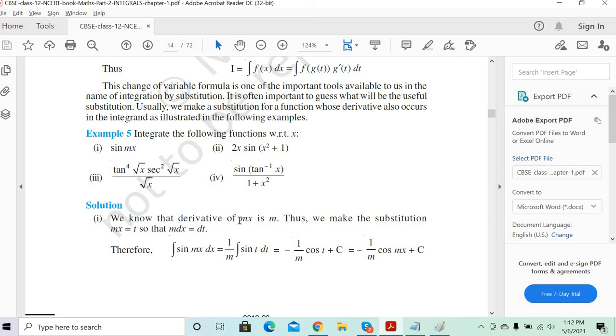Tan inverse x. Correct. Excellent. So you know the standard formula for the differentiation of tan inverse x, right? Yes, sir. 1 by 1 plus x square. Excellent.